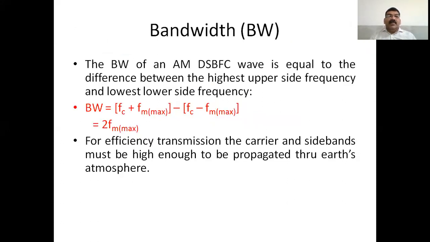That we'll calculate. The bandwidth of an AM double sideband full carrier wave is equal to the difference between the highest upper side frequency and the lower side frequency, as I graphically represented there. So mathematically, the bandwidth is FC plus maximum of FM.